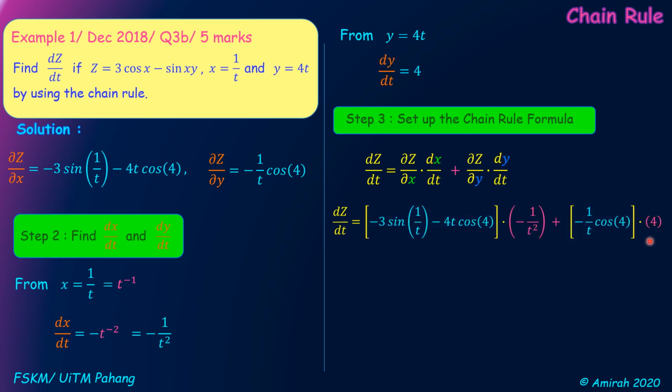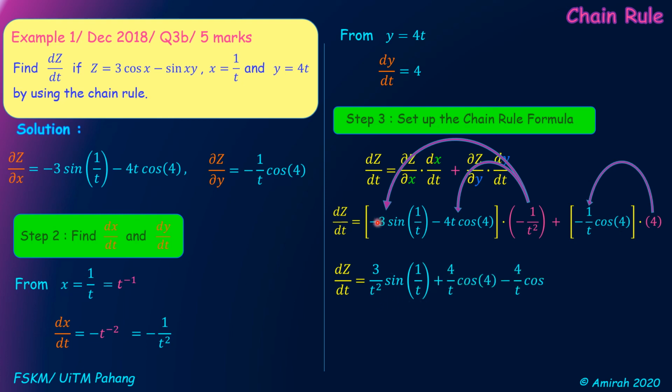After that, we can expand. Negative 1 over t squared times negative 3 sine 1 over t. And we multiply negative 1 over t squared times negative 4t cos 4. And we multiply 4 and negative 1 over t cos 4. So we get this. Negative times negative is positive. 3 over t squared sine 1 over t. And then negative times negative equals positive.